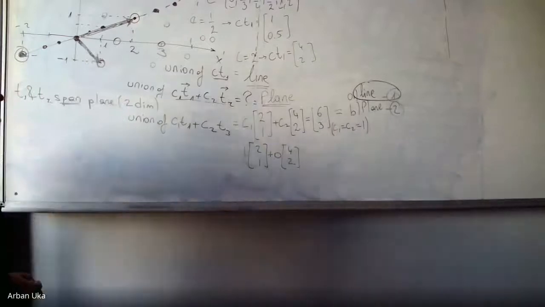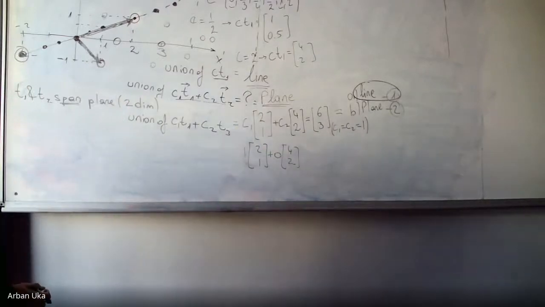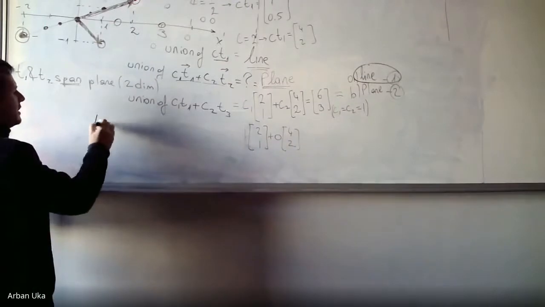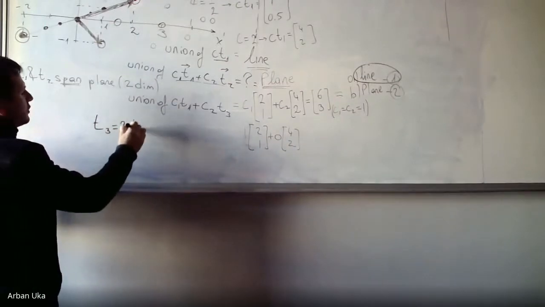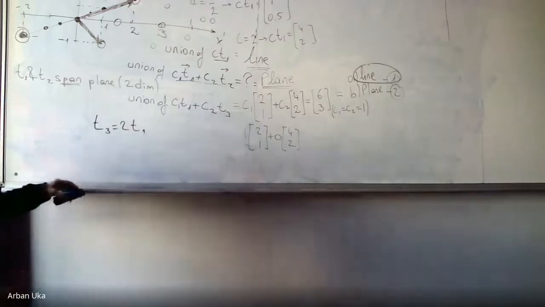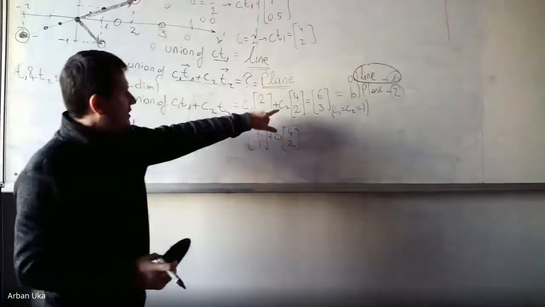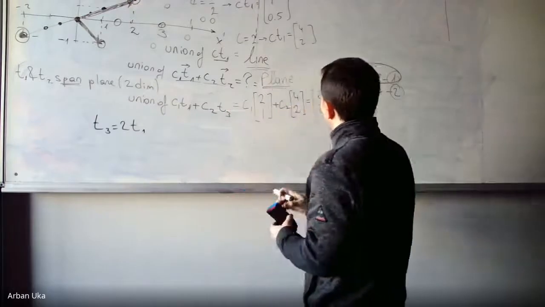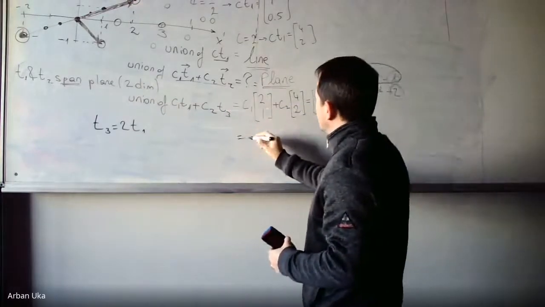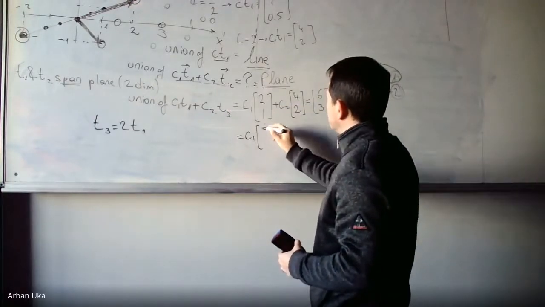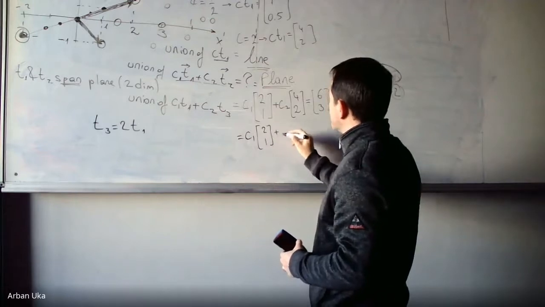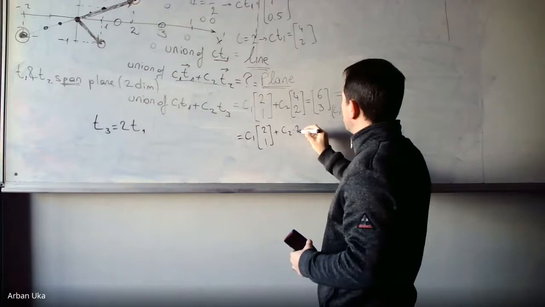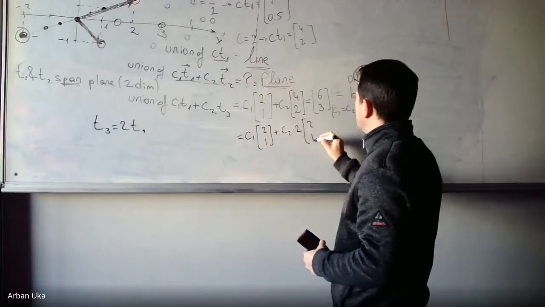Because this new vector, the 4, 2, is equal to, we have here the t3 is equal to 2t1, okay? So just by changing this parameter, we can write it like this: C1 times 2, 1 plus C2 times 2 times 2, 1, right?